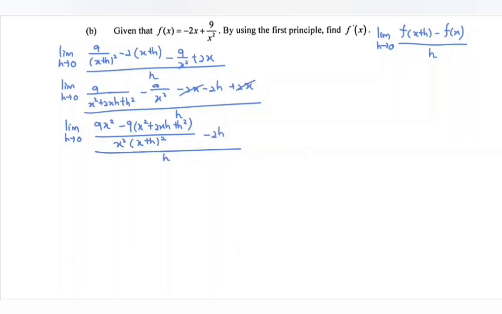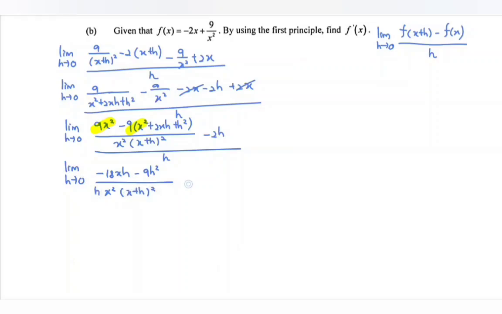Kindly simplify the situation. So notice that if we have 9x squared minus 9x squared, then we will have 0. So limit when h approaching 0, we have negative 18xh minus 9h squared over x squared multiplied with (x plus h) squared.